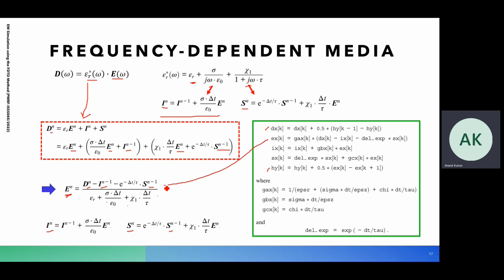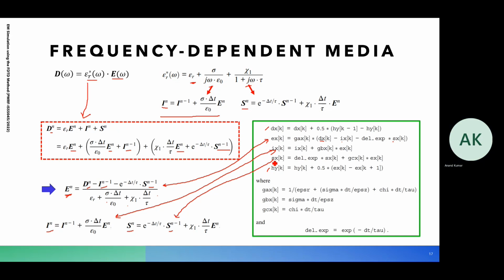This particular expression gives this update equation for the electric field, which can be calculated from the flux density Dx, Ix and Sx, and again Dx is calculated in this form. So we have the update equation for Ix and the update equation for Sx.